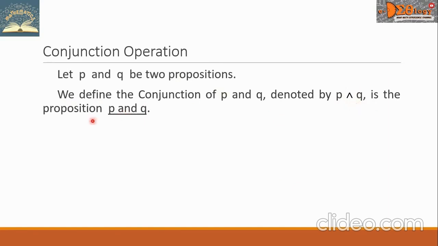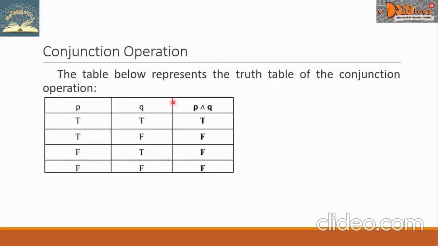So this is the proposition P and Q. The table below represents the truth table of the conjunction operation. We have here three columns. The first column for truth values of P, second column for truth values of Q, third column the truth values for P and Q.